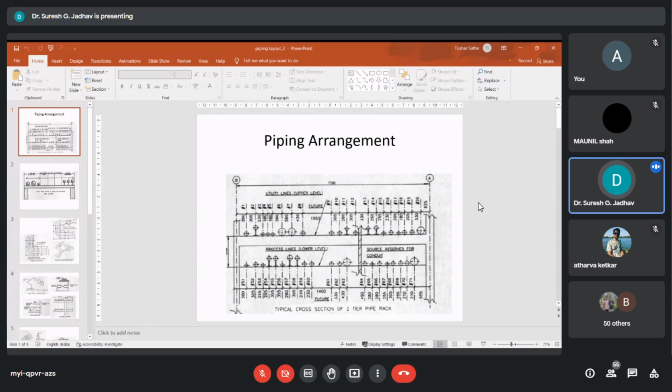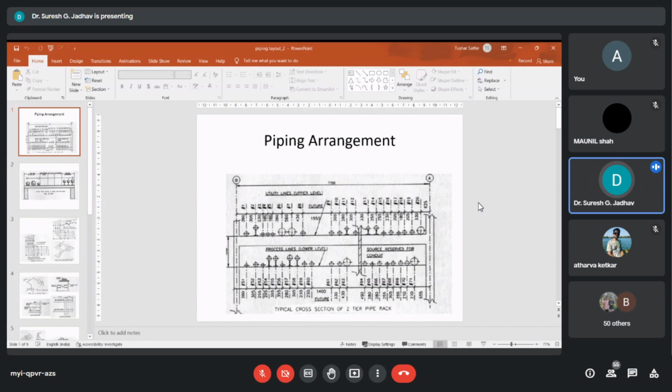This is a typical cross section of a two-tier pipe rack. With the help of P&IDs, meaning process and instrumentation diagrams, equipment layout, piping specification, equipment drawings, and the vendor requirements for the purchased equipment form the basis of a piping layout. In areas where piping is critical, the equipment locations are fixed only after a piping study is made.